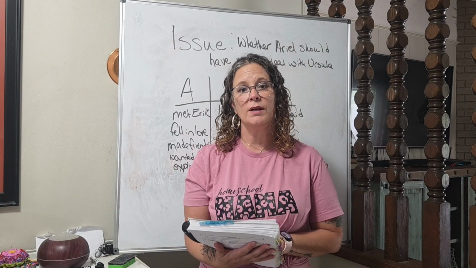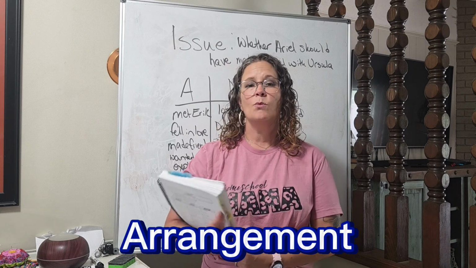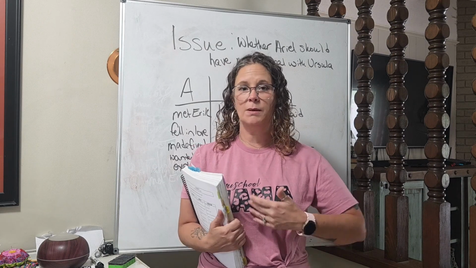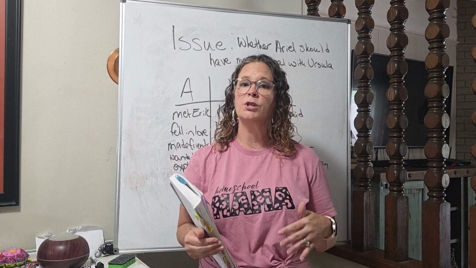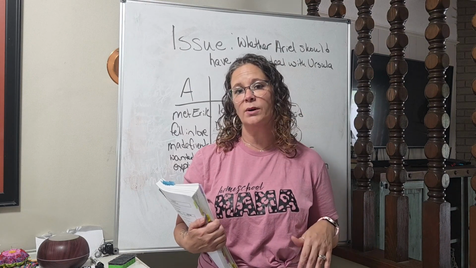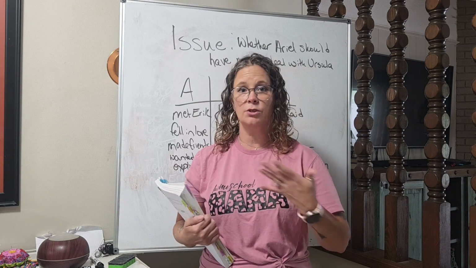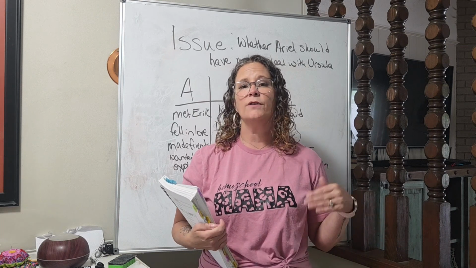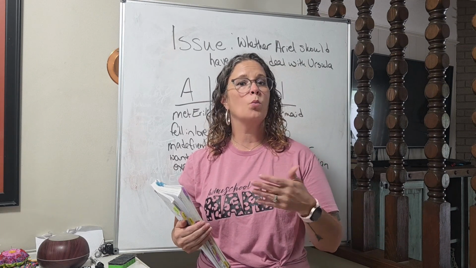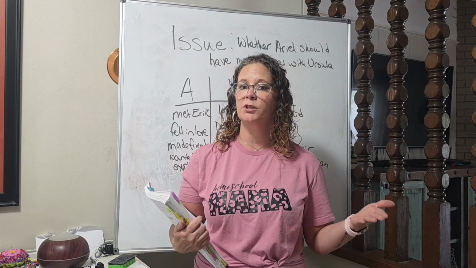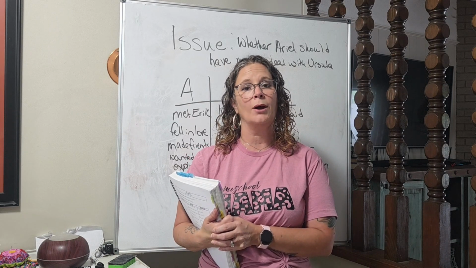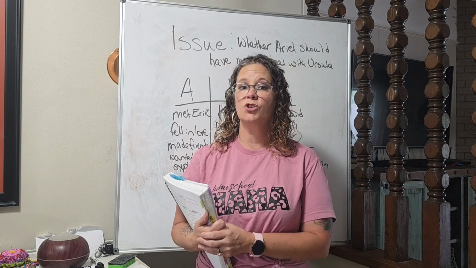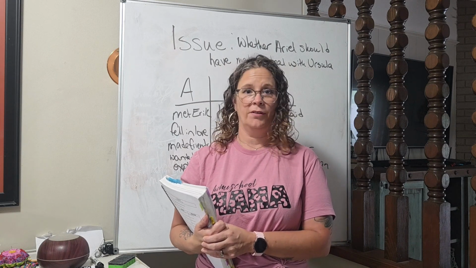So the next week we do arrangement, and whenever you think of arrangement, maybe you think about arranging flowers or furniture. What you're really doing when you're arranging things is taking the things that you've chosen to use in your decor and figuring out how you want to put them. That's what we do here, because after we make our Annie chart and do our invention, we've already come up with all the things to say.